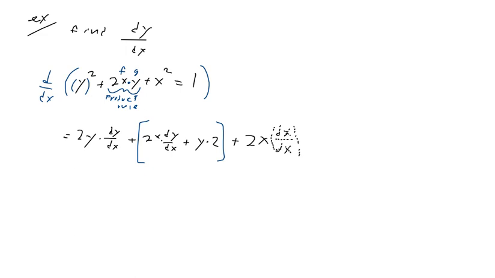I didn't write it for the 2x part. We can imagine there's a dx here, but we're just going to do the derivative of the x squared like normal. We're just going to get 2x. No one needs you to write it. It's fine. The derivative of 1 is 0.